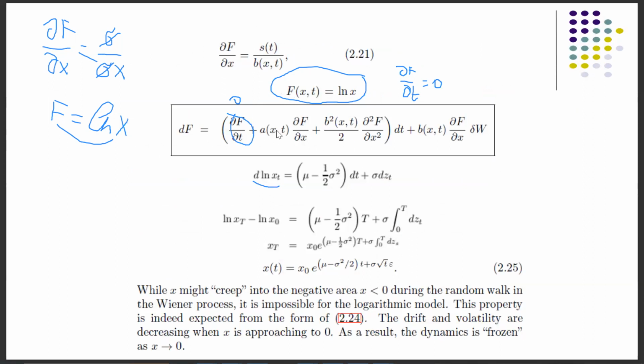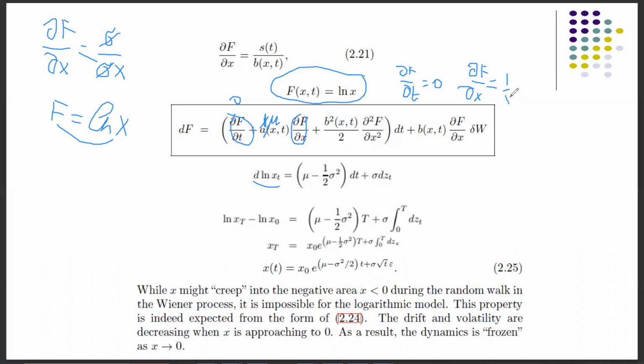So function a is x mu, and the derivative of f with respect to dx is 1 divided by x.